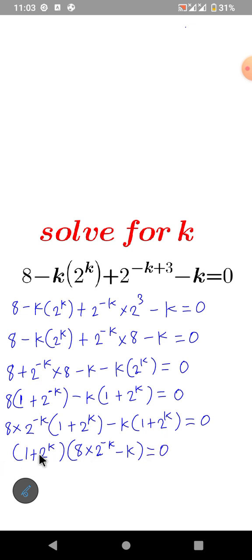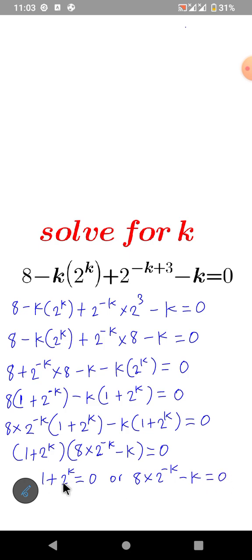Now my next step will be to say that since this expression is multiplying this expression and it's equal to 0, that means either this is equal to 0 or this is equal to 0. So I write, 1 plus 2 raised to the power of k is equal to 0, or 8 times 2 raised to the power of minus k is equal to 0.